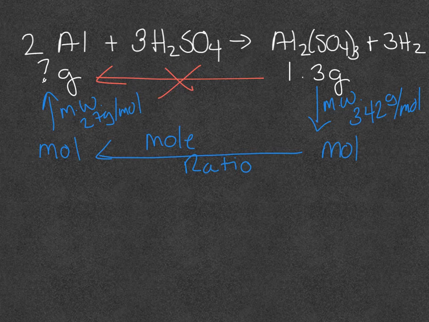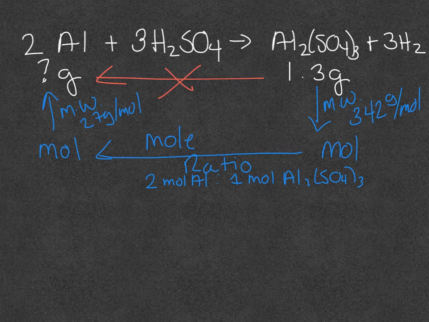And then the other part we need to recognize is the mole ratio. Looking at the coefficients, we know the mole ratio here is that there are 2 moles of aluminum for every 1 mole of aluminum sulfate. All right, so that's all of the information that we need to have available to us.